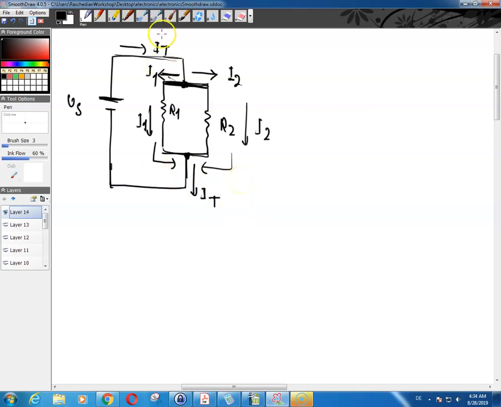So I of T is split here at this point into I of 1 and I of 2.